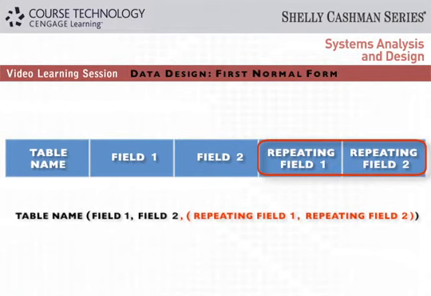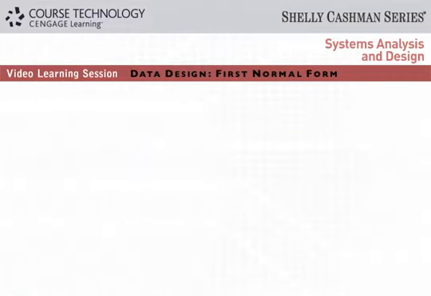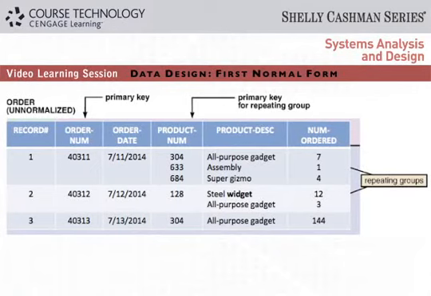Let's see how that works with the order table, which has a repeating group. First, the table name, which is order. Next, in parentheses, is the first field, order number, and then the second field, order date.